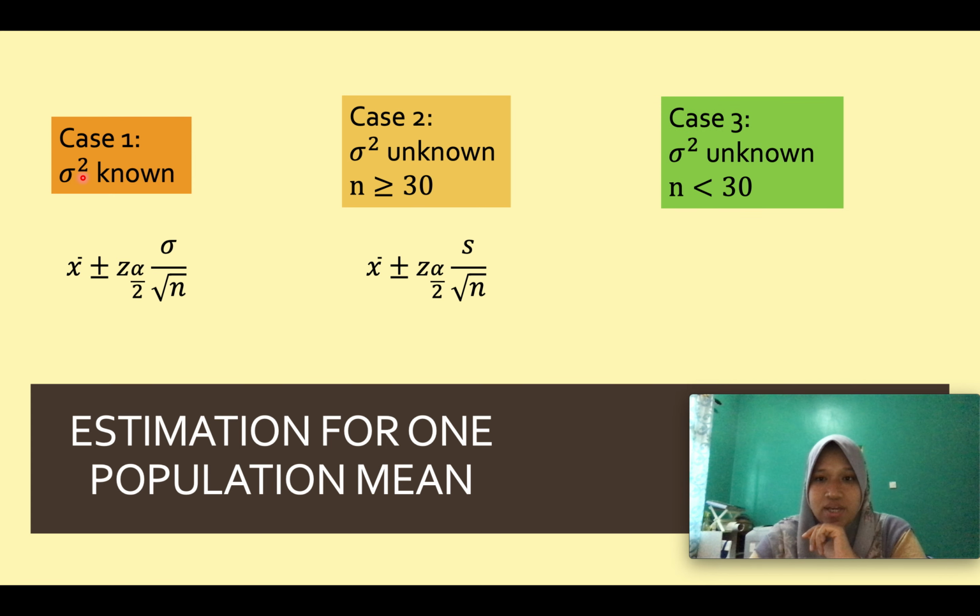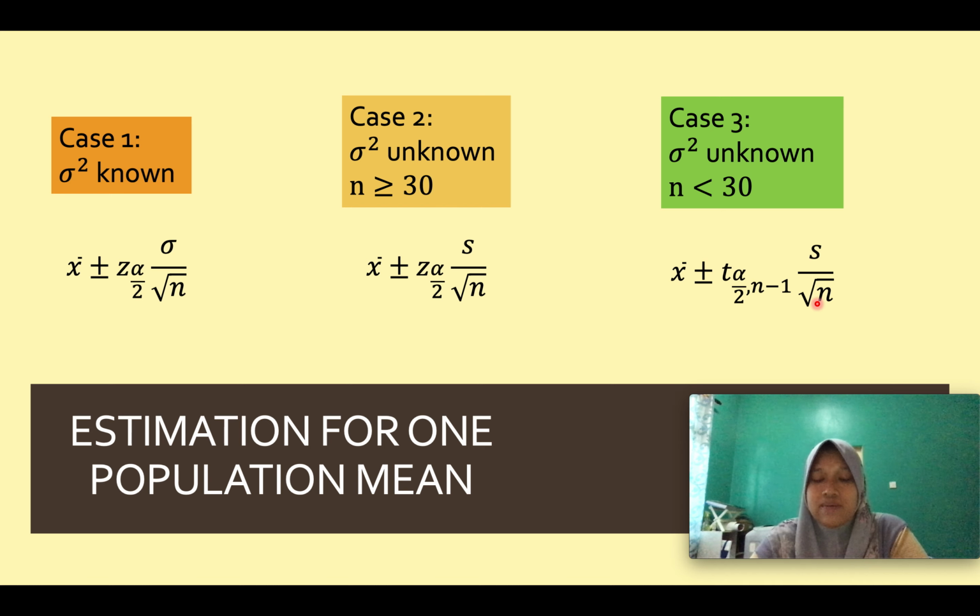Okay, case number 3: sigma square is unknown, or the population variance is unknown, so you just have the information on the sample, and the sample size is small, which is less than 30. So the formula is given by x bar plus minus t alpha over 2, n minus 1, times s over square root n.